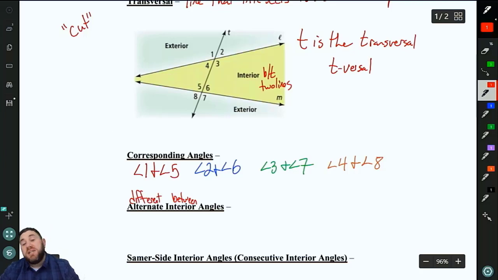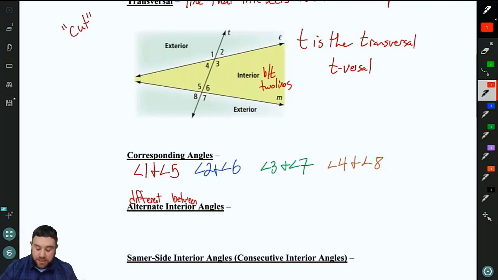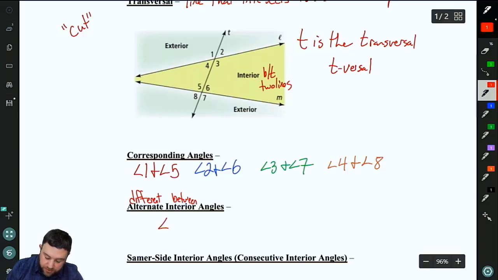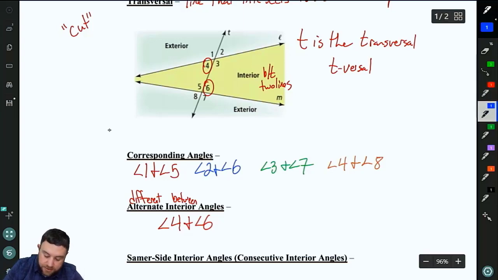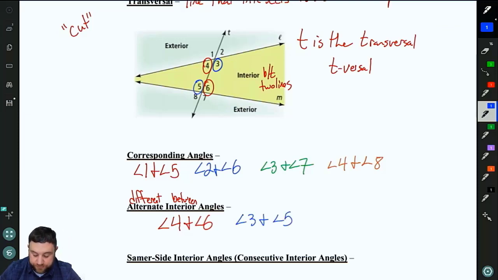So one's on one side of the transversal, one's on the other. So angle 4 and angle 6 are alternate interior angles. They're both between the lines. One's on the left side of the transversal, one's on the right side. We also have angles 3 and 5 as alternate interior angles.